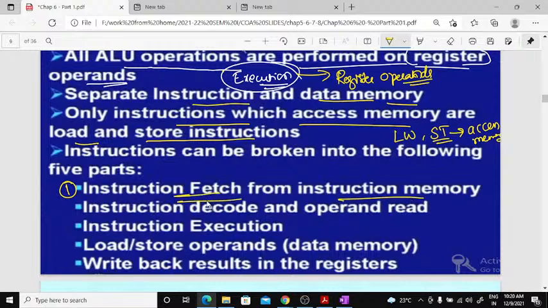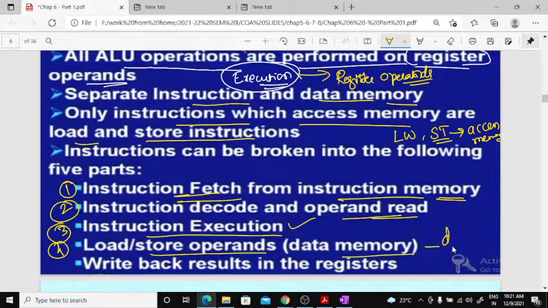from instruction memory. Instruction memory contains the number of instructions. Then after instruction fetch is instruction decode and operand read. Then third is instruction execution stage. Then fourth is load or store operands, data memory.